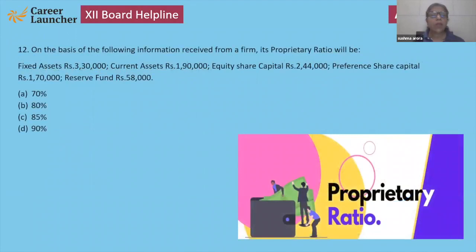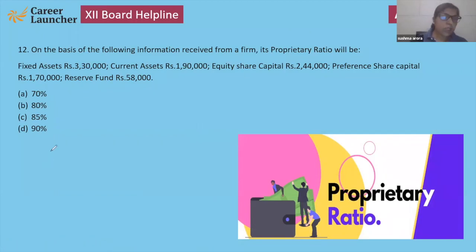Next. On the basis of the following information received from a firm, its proprietary ratio will be: fixed asset given, current asset given, equity share capital, preference share capital, and reserves and surplus. Now, what will be the formula for proprietary ratio?